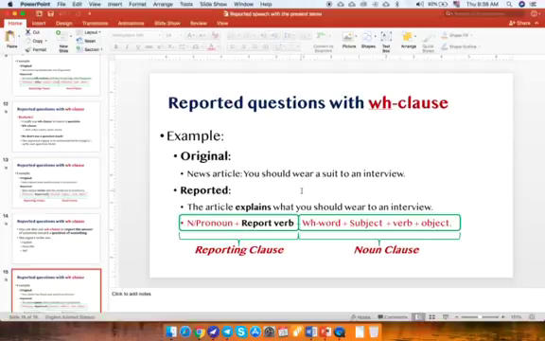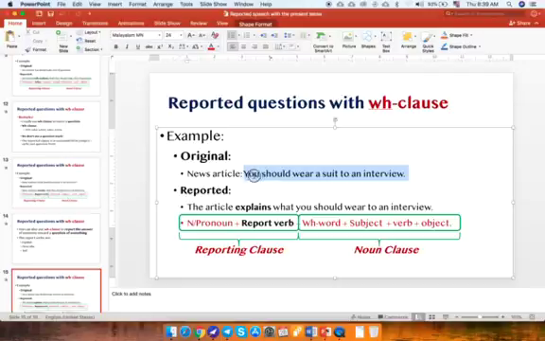Let's see more examples of the WH clause. In the original sentence, the news article has mentioned this: You should wear a suit to an interview. So what would be the question if you would like to get this answer? You have to consider this if you would like to use the WH clause.